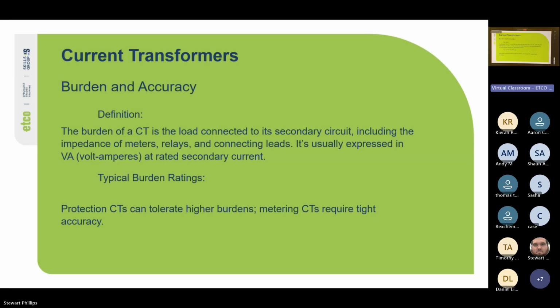Again, we need to make sure that we don't increase the burden, therefore decreasing accuracy. So the typical burden ratings are 5 VA, 10 VA, or 15 VA, depending on CT size and purpose. So they come rated in VA. So we need to make sure that our burden is not going to be too high for the CT. Is this making sense?